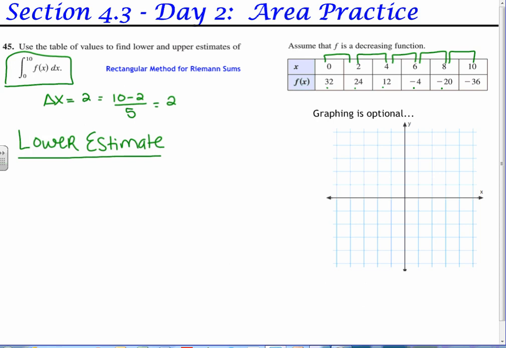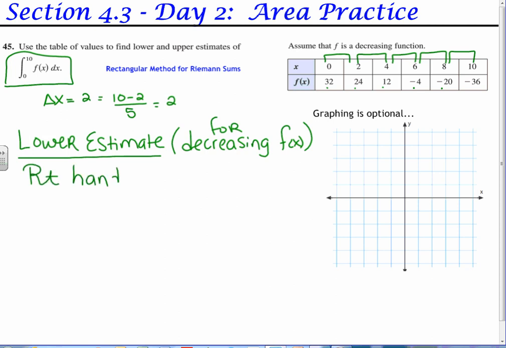So for a lower estimate, if it's decreasing, the left side will be larger than the right side. So I should probably use a right-hand method for my rectangular approximation, because the right will have smaller values because it's decreasing towards the right. All right, so we got that figured out.